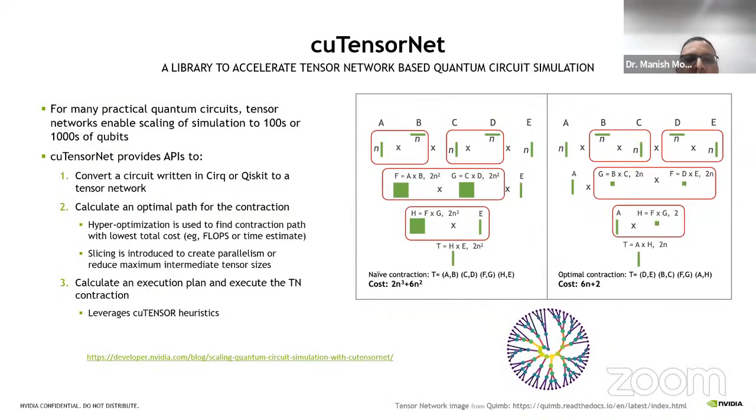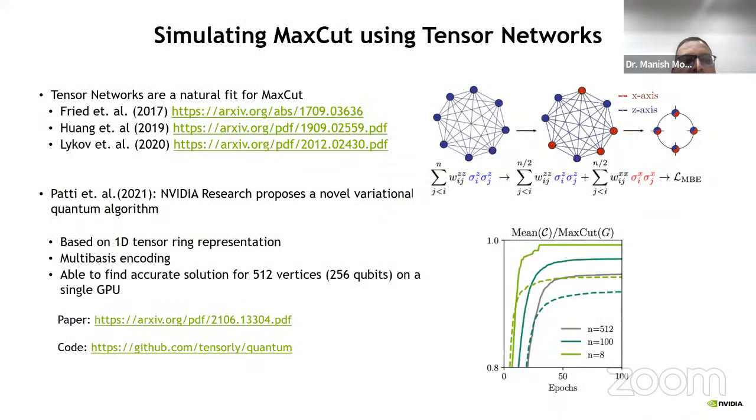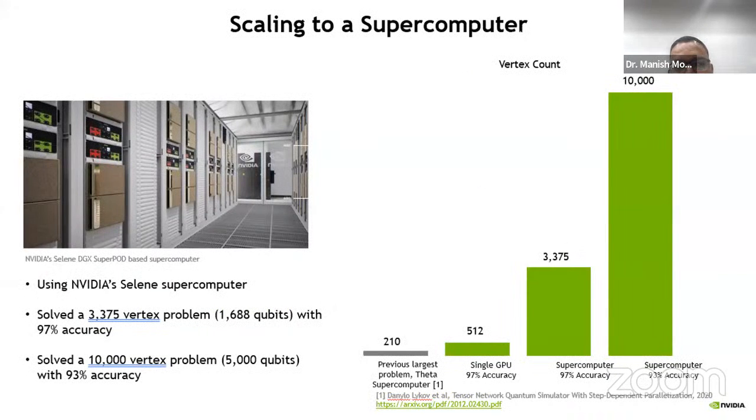I'm not going into detail, but all details are available in the slide, so one can look into that. There are related research papers also available; the references are given. There is a lot of research being published on this with tensor networks. But I would like to show the speed up, and they ran on our NVIDIA Selene supercomputer, which is the fastest supercomputer.